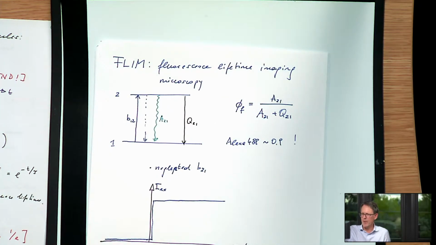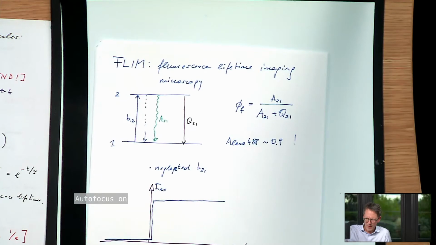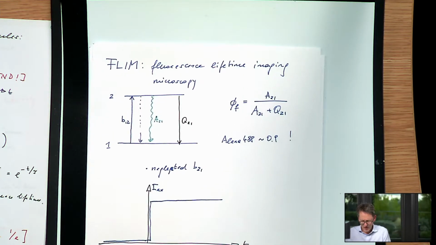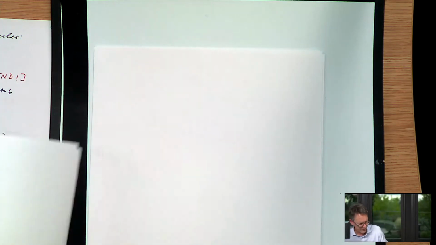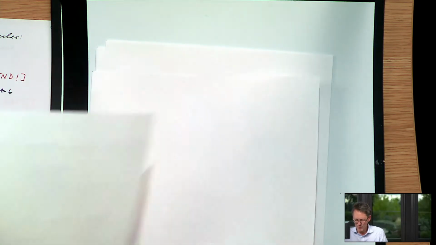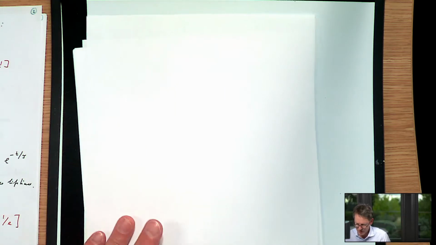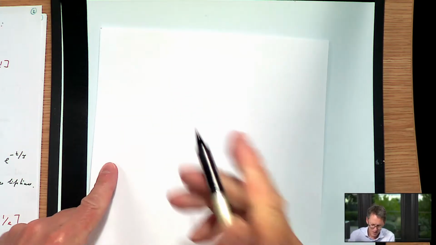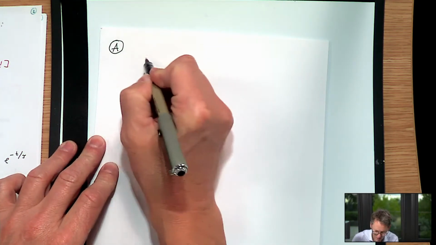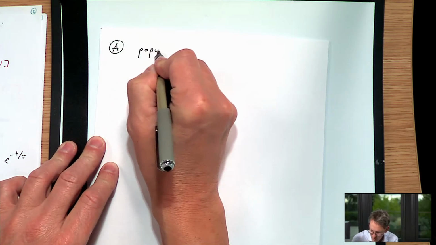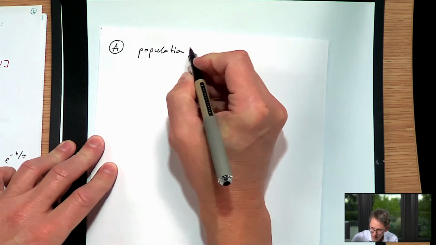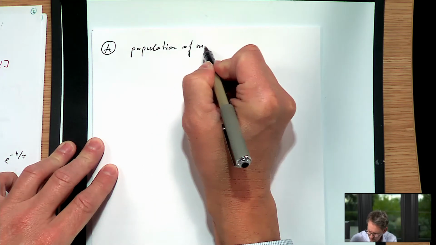microscopy. So the way we can think of it is first by considering a large number of molecules. So let's first begin by considering a population of molecules.